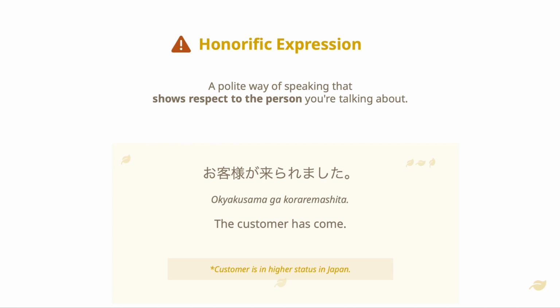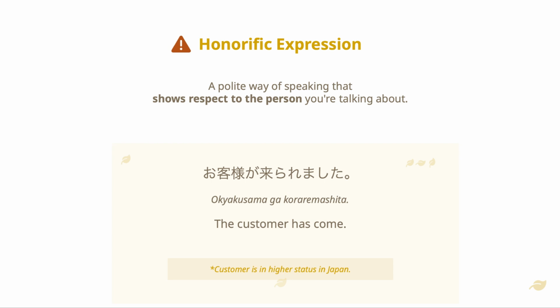And one more thing I'd like to tell you is about honorific expression. As a form of れる or られる, we also have honorific expression. Honorific expression is a polite way of speaking that shows respect to the person you are talking about. For example, we can say, お客様が来られました. 来られる could be the passive voice of 来る, which is to come.